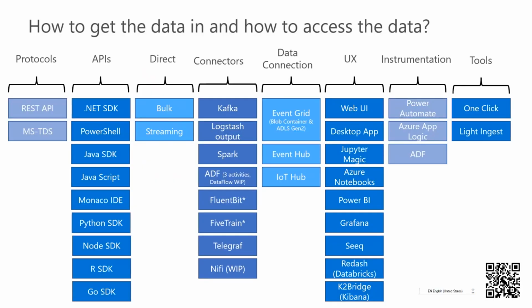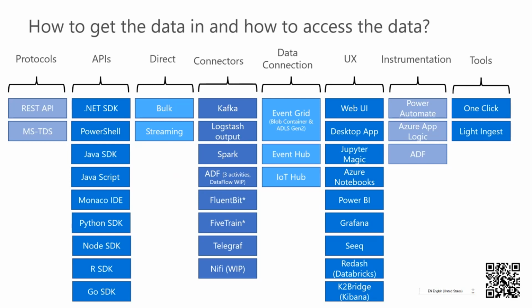So as I mentioned, we are trying to enable as many options as possible. I believe I already forgot some of the options that we have, but there are many. We support different protocols. There are APIs in almost every programming language. There are also different flavors of ingestion, different connectors.